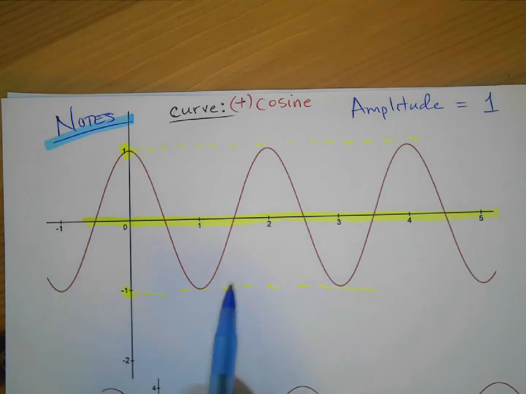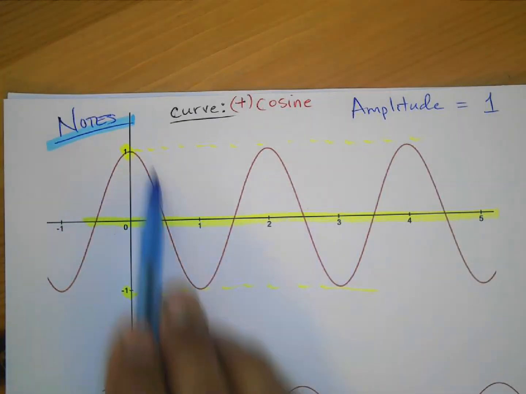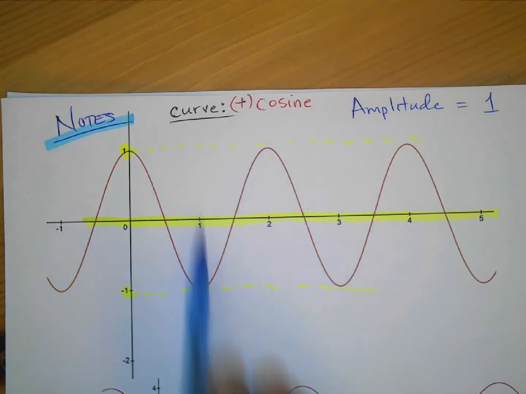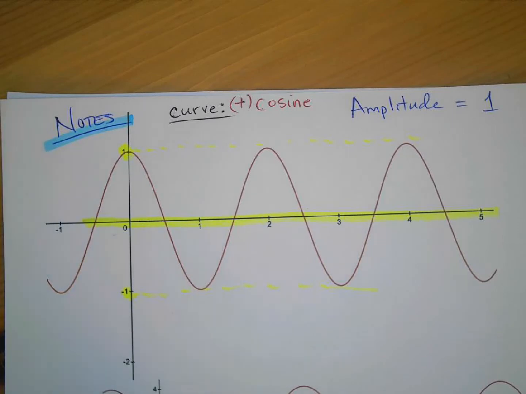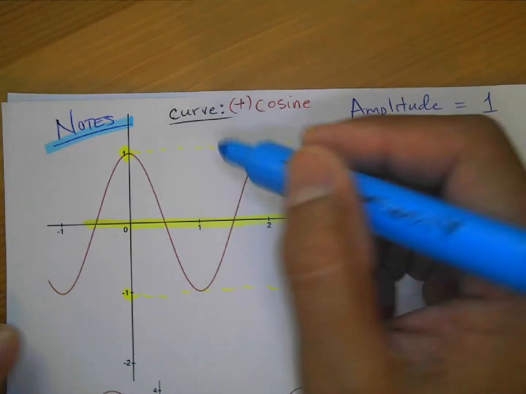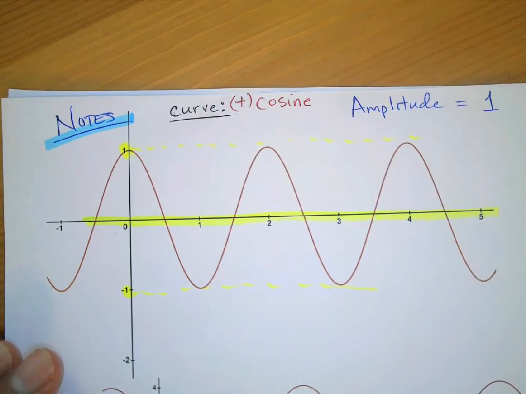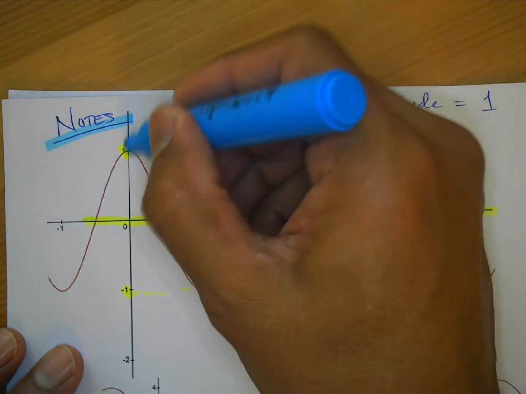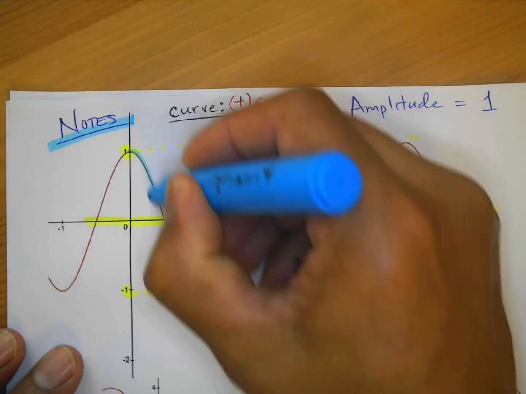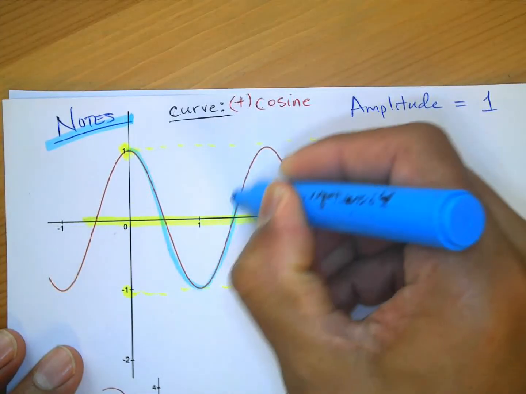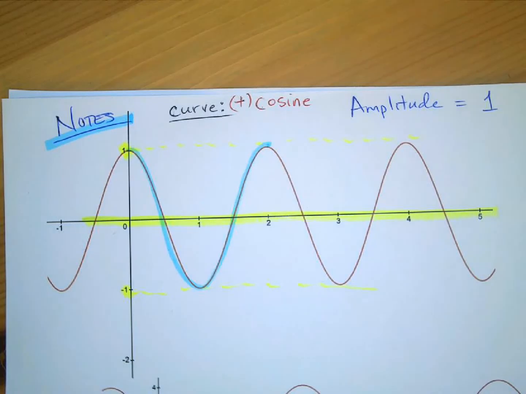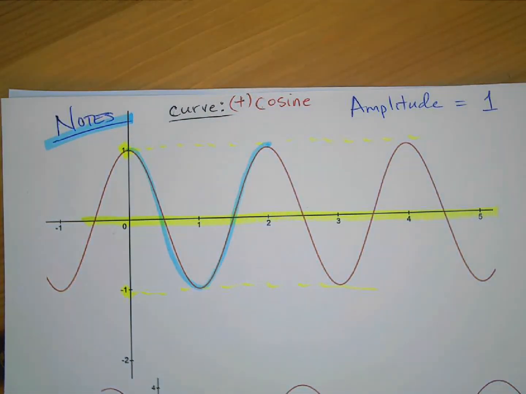So we know it's a cosine curve, we know the amplitude is 1, and now you have to look at the x-axis to see what the period is. Remember, the definition of period is how long it takes for this curve to complete 1 cycle. So you have to understand the definition of 1 cycle. This is 1 cycle right there.